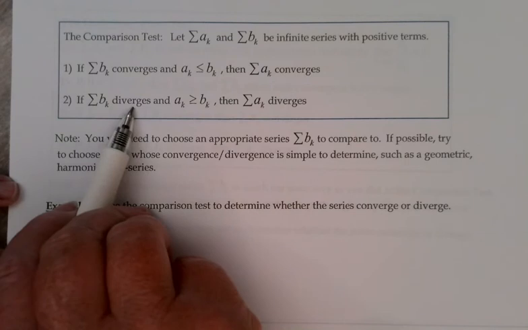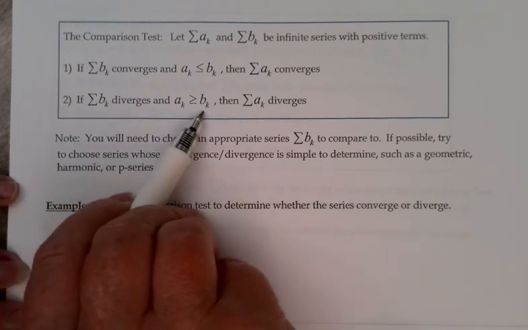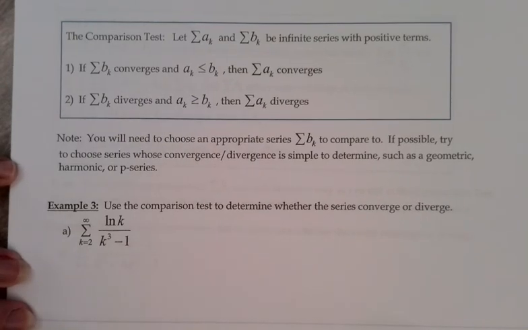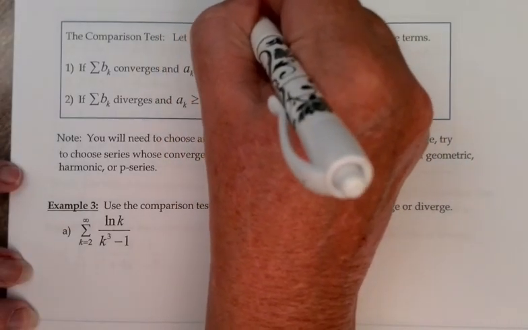If b sub k diverges, and the a sub k's are bigger than b sub k's, then the a sub k diverges. A lot going on there. We're going to unpack it in just a moment, but let me outline the process first. Essentially, the a sub k's are going to be the given series.